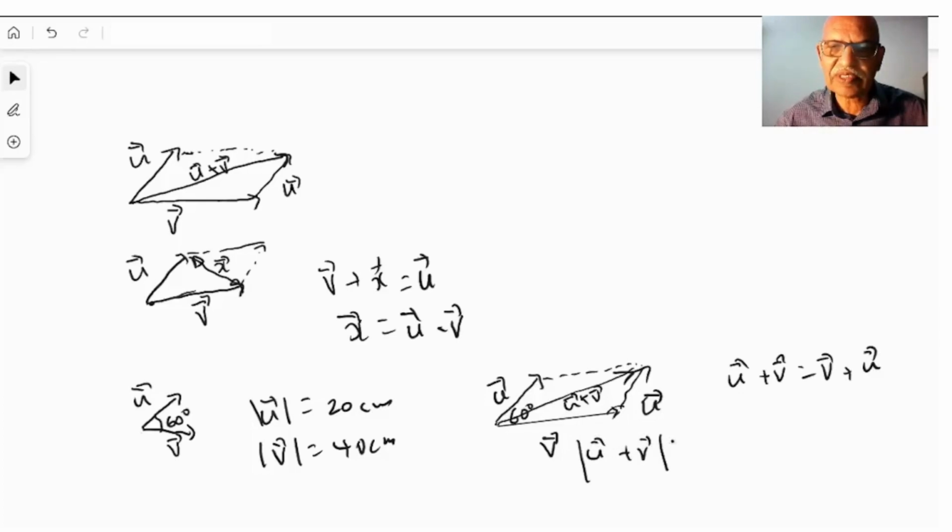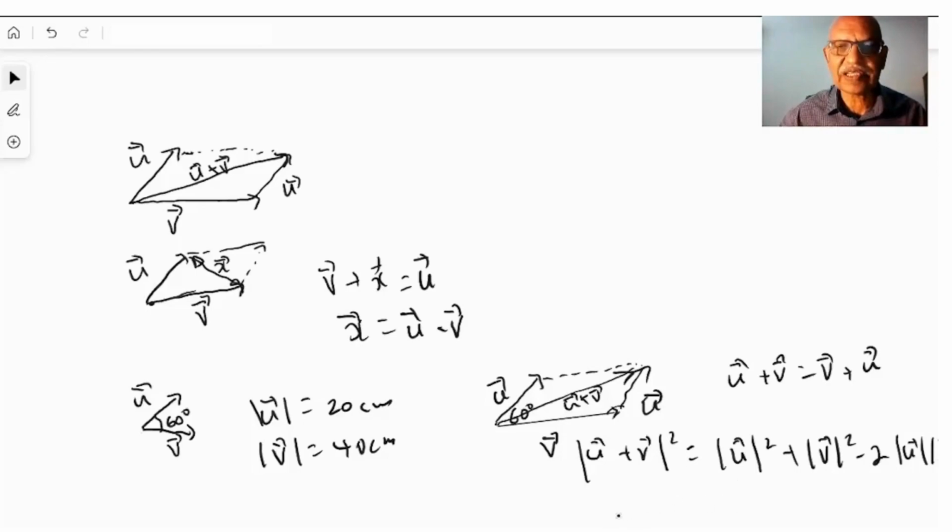Therefore, we say the magnitude of u plus v squared, by the cosine law, is u squared plus v squared minus 2 times the magnitude of u, times the magnitude of v, times the cosine of the angle 120 degrees.